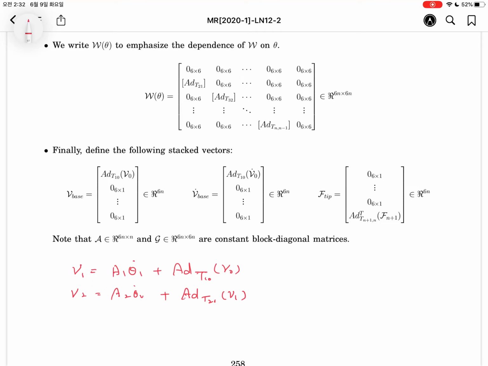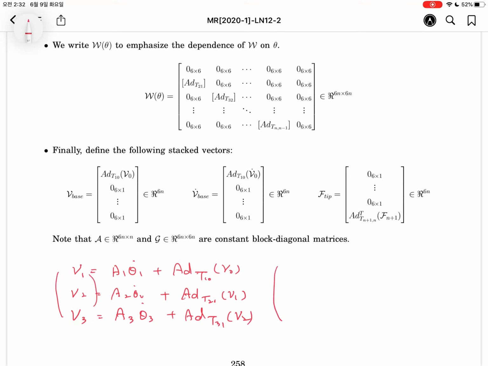Okay. Maybe the third twist will be obtained as A3 theta 3 dot and the other joint T32 V2. Okay, let's collect this in a matrix.